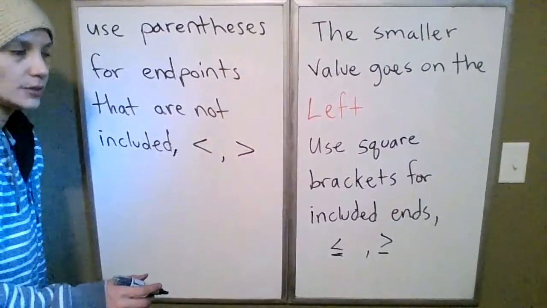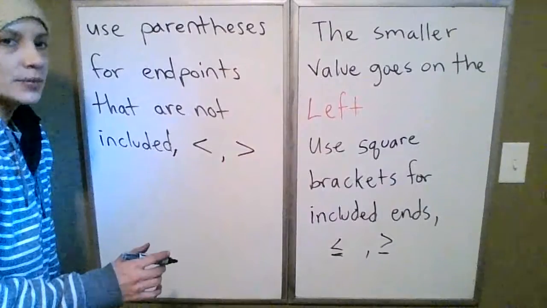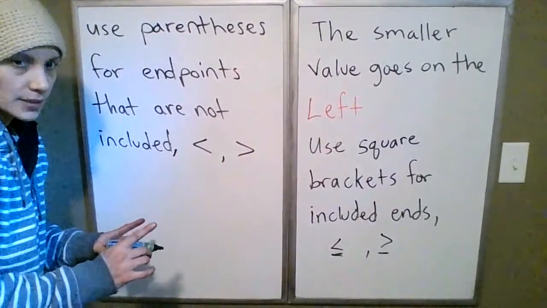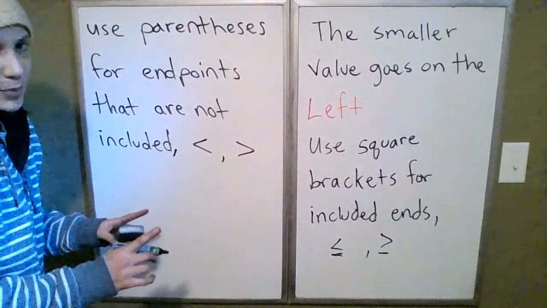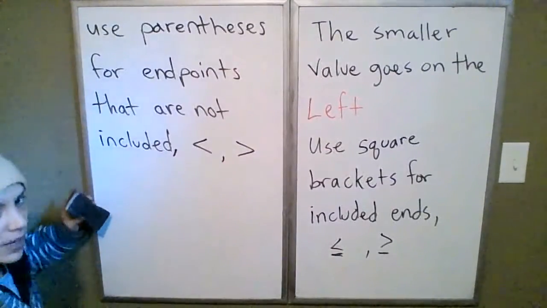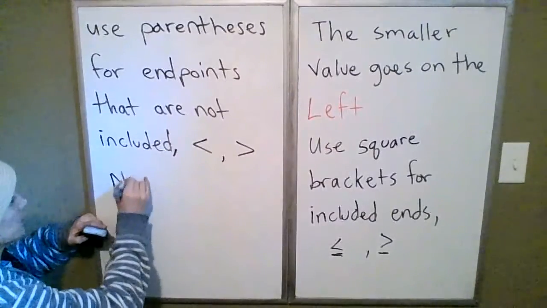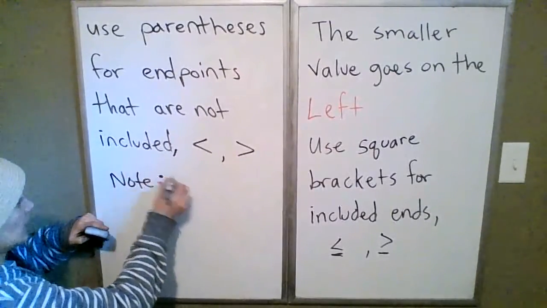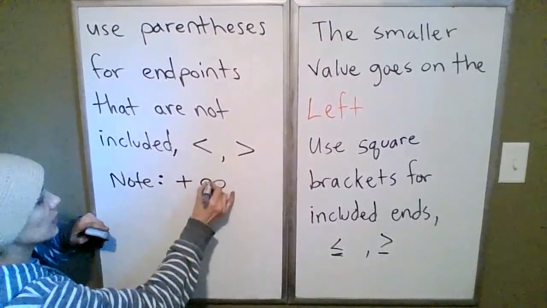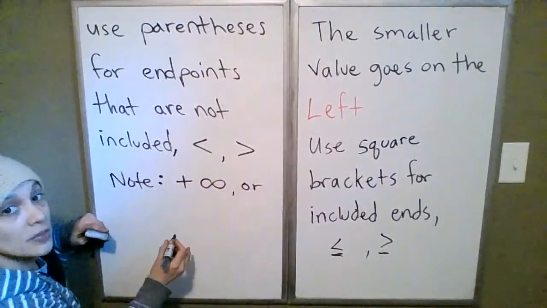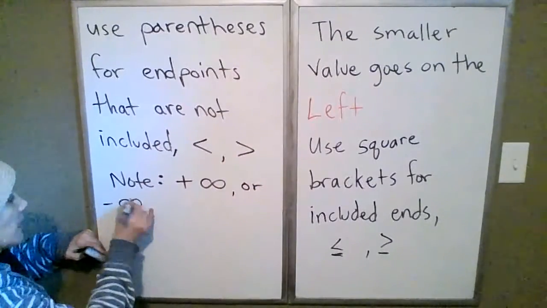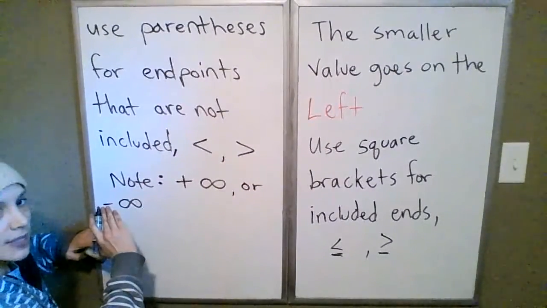The last note is that negative infinity is not a number that we can include in the set, so it will have parentheses, and the same for positive infinity. So if it's a plus infinity or a negative infinity, it's going to have a parenthesis on the side.